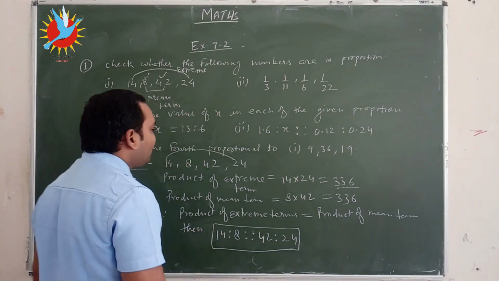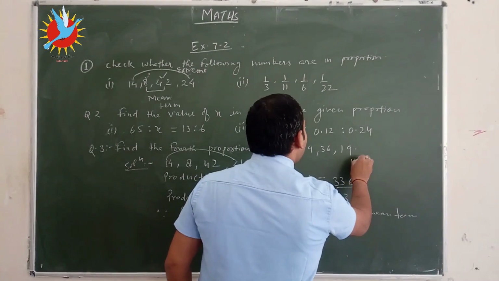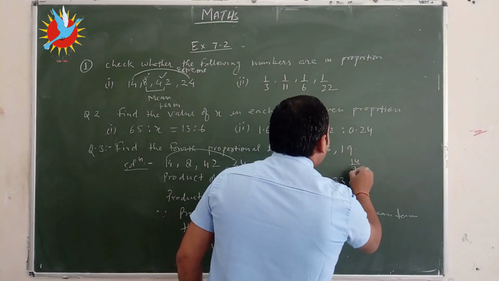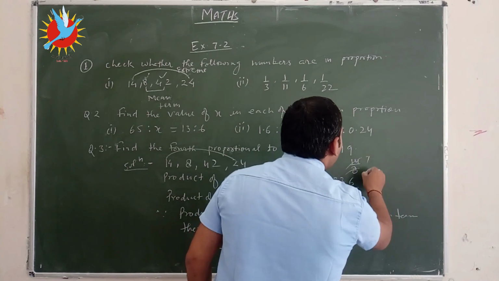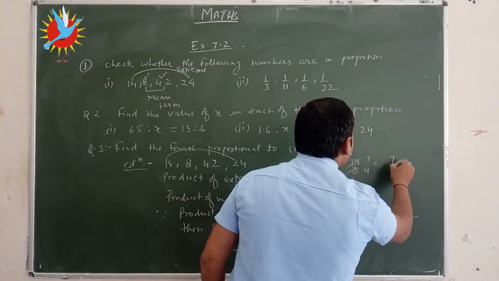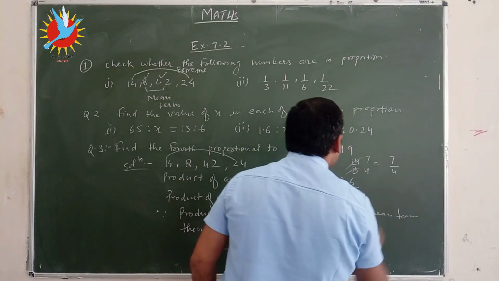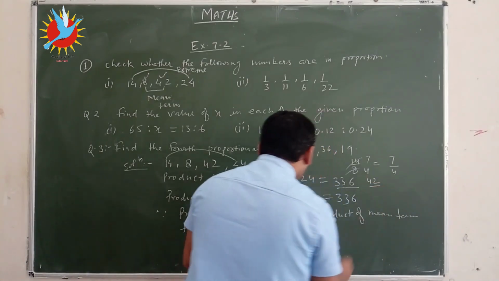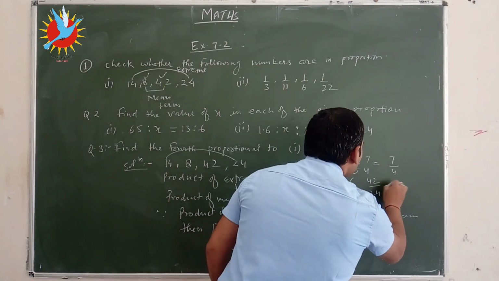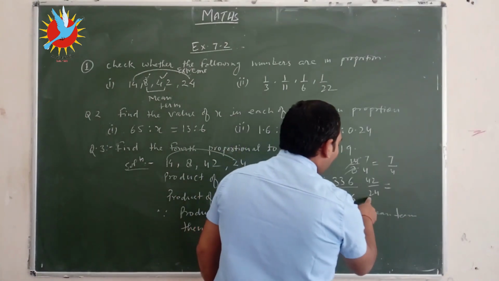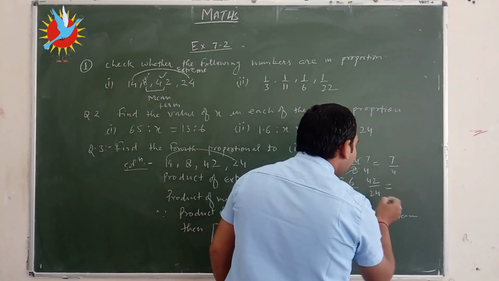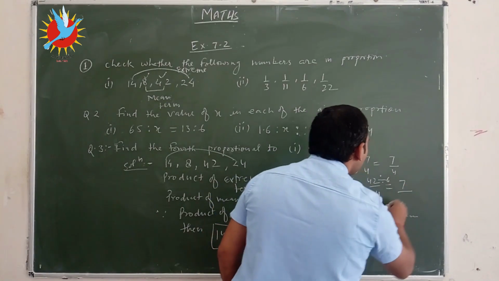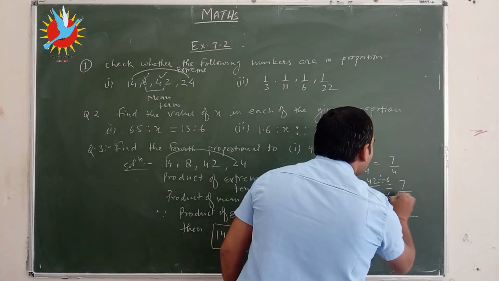Or we can also check here by 14 upon 8. We can write 2 7s are 14, 2 4s are 8. This is 7 upon 4, and the last two ratio 42 upon 24, both are divisible by 6. 6 7s are 42 and 6 4s are 24.